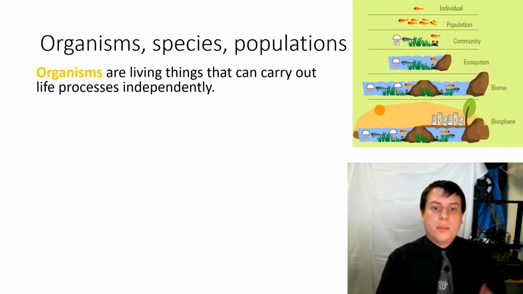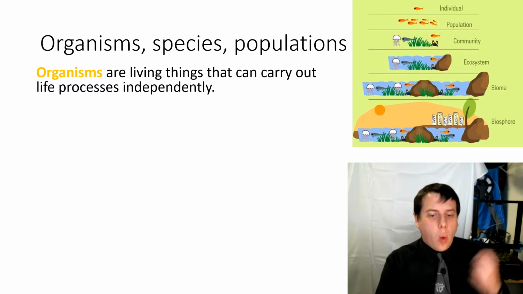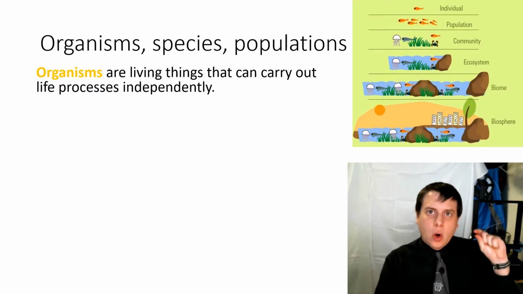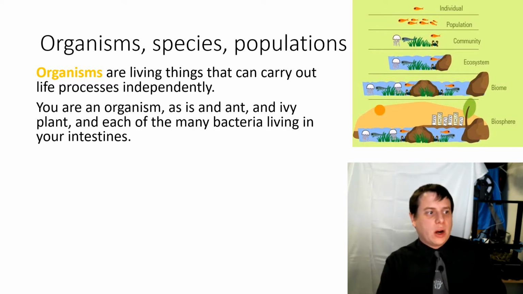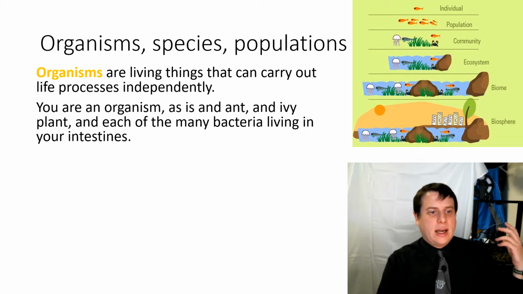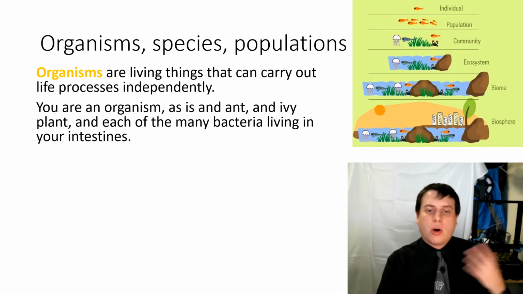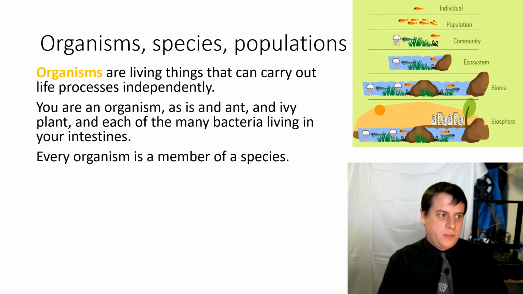Everything. All right, plants, animals, all that stuff. Okay. One individual organism is the single one of one species. All right. So you're an organism, an ant, an ivy plant, and bacteria. All right, those are all individual organisms.